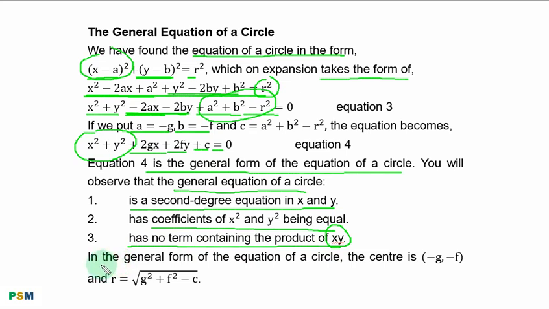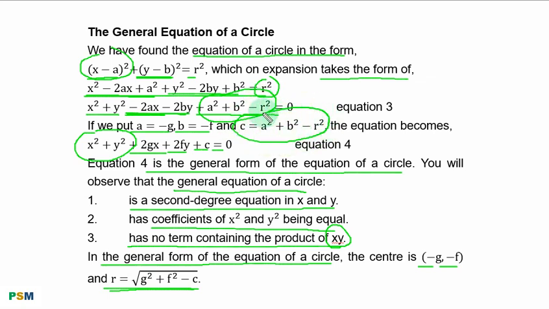In the general form of the equation of a circle, the center is (-g, -f), and radius r is equal to the square root of g^2 + f^2 - c. This result is from here.